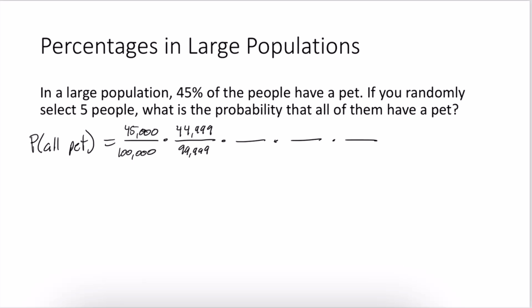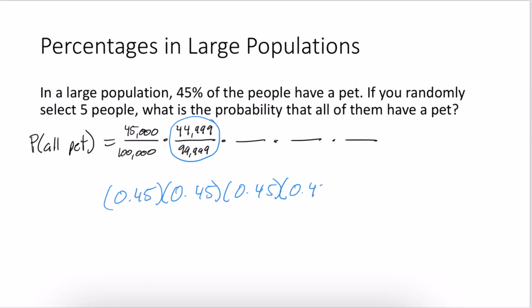And so when you're working in a large population, you can assume that these fractions, whether it's 100,000 people or 1,000,000 people, are close enough to the percentage that you're given that you can just calculate this as 0.45 times 0.45 and basically just do that 5 times.